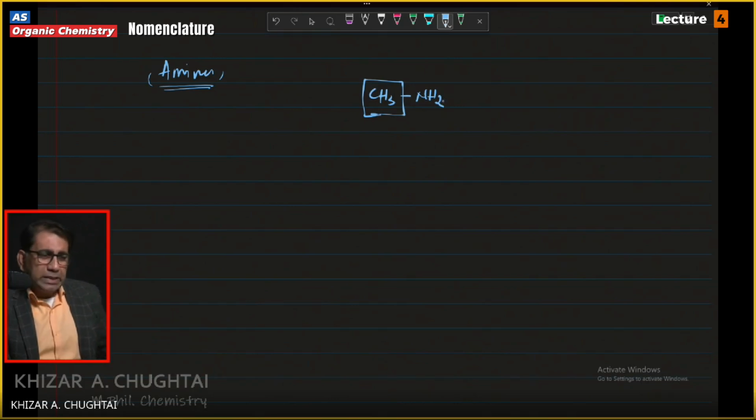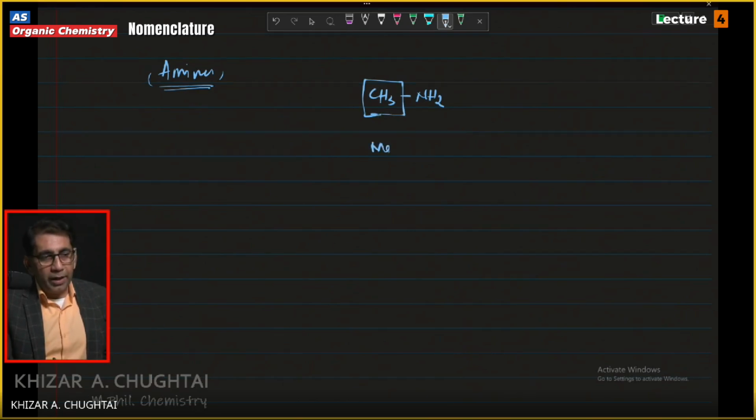So the first main thing is that you can write according to the new IUPAC system. Basically, there are 2 to 3 different ways to write the name of amines. Here there is no branch, and there is a longest chain of one carbon.